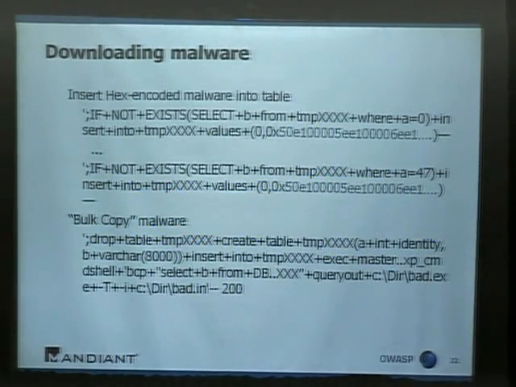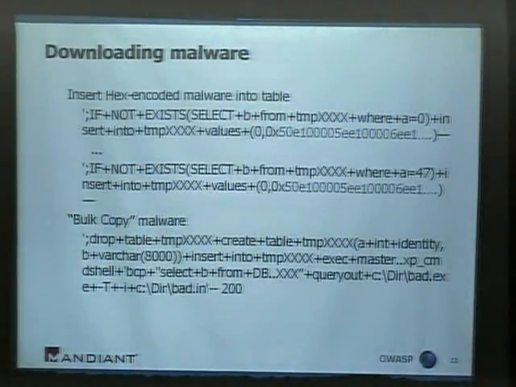We've seen up to 128 fields inserted into a temporary table that they've created, and what they then do is dump all of these uploaded fields using the bulk copy tool, and this query actually talks about that, and then use the queryout feature to actually create the executable on your system.